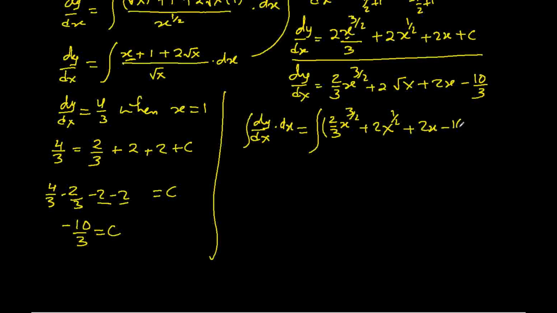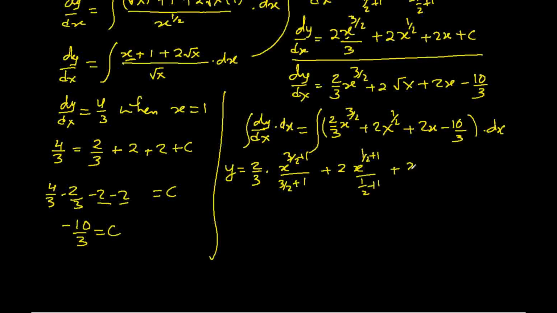Okay, so the integration of the first derivative is just y. That's what we want. Here 2 over 3 remains 2 over 3 because it is constant, but here the exponent will go up by 1 and it will be divided by the same. Here 2 remains 2, x to the power half plus 1 over half plus 1, 2x to the power 1 plus 1 over 1 plus 1, minus 10 over 3.